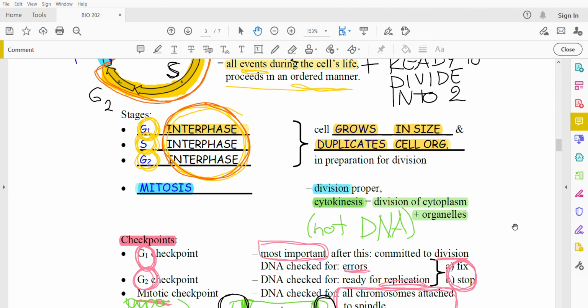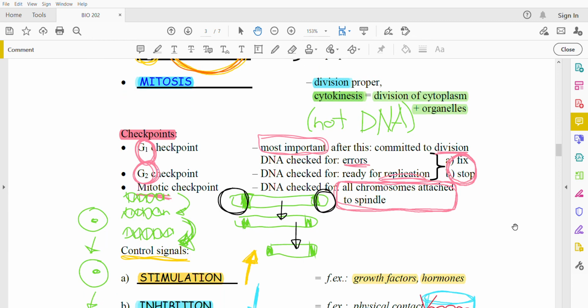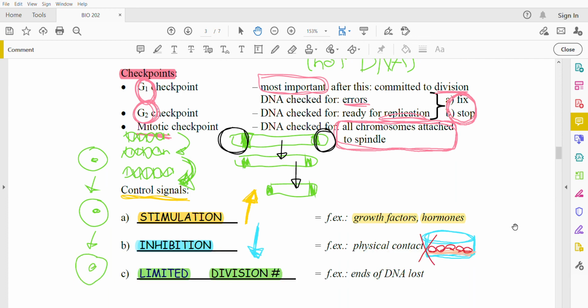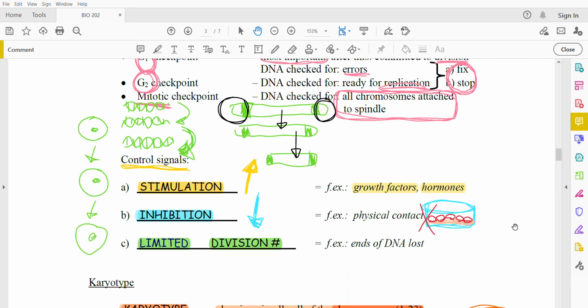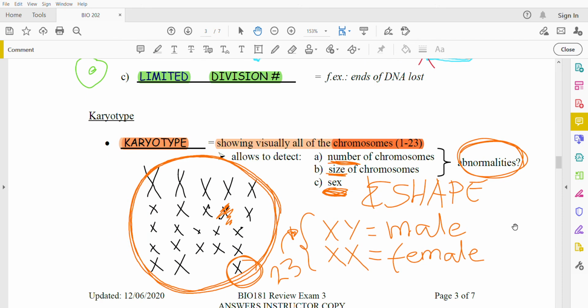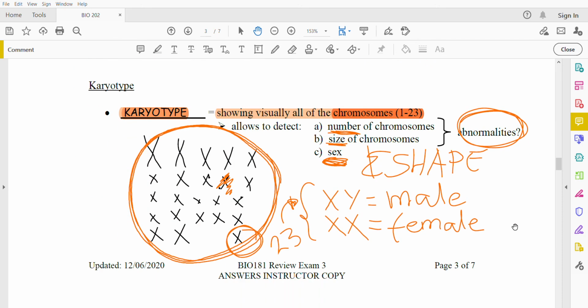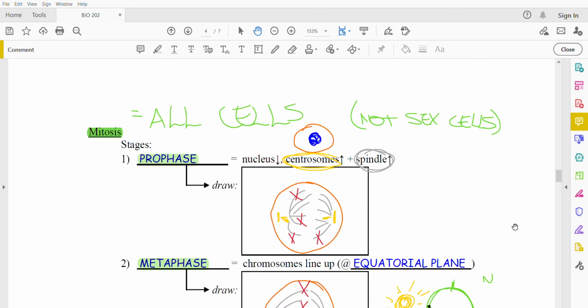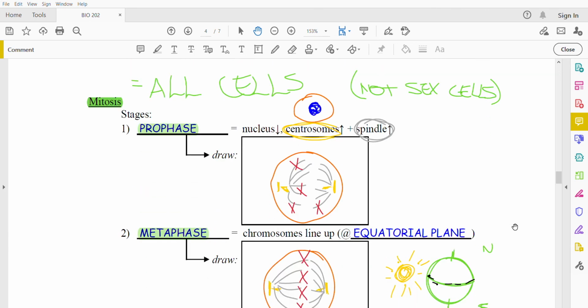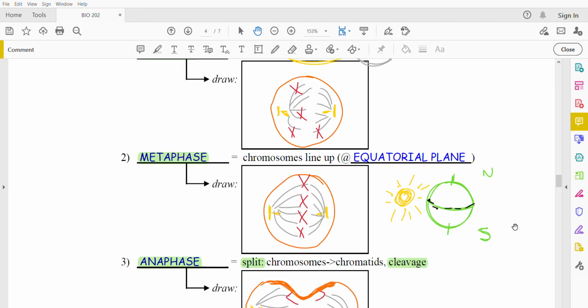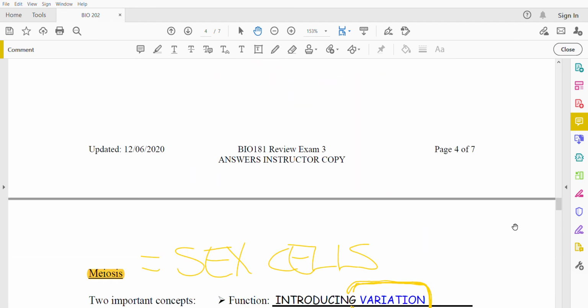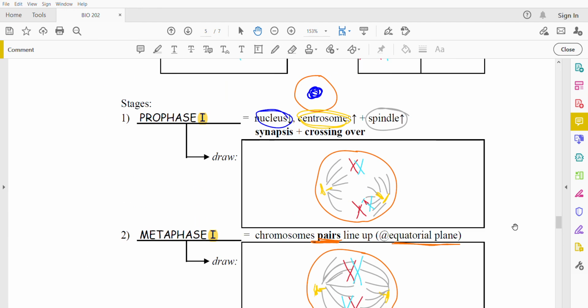Cytokinesis didn't include the division of the DNA, it included the division of the cytoplasm and organelles. We discussed the checkpoints, and we also had a look at some of the control signals, control mechanisms of the cell cycle. We looked at karyotype very briefly, how male and female are told apart, and then we reviewed step by step the processes of mitosis and step by step the process of meiosis.